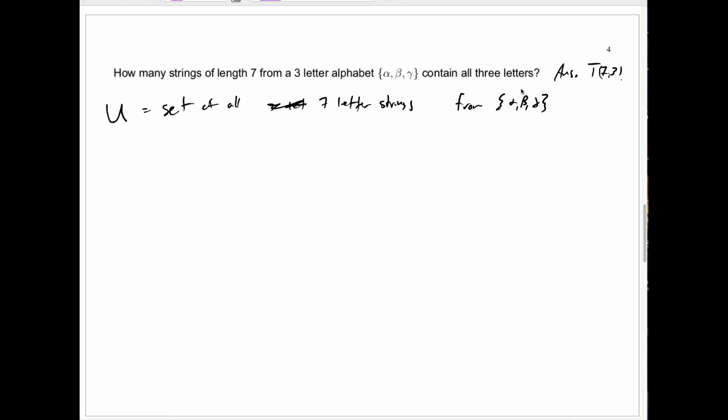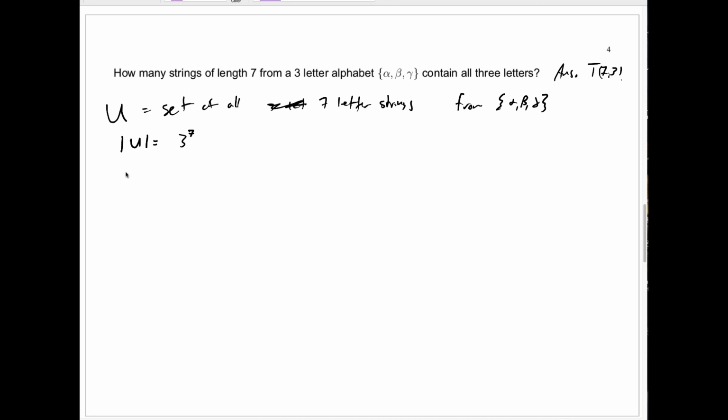Now, in order for this to be useful, you should always be able to count your universe very easily. Ask yourself, how many 7-letter strings are there from this alphabet? That will be denoted the size of U. That will just be 3 to the 7th.